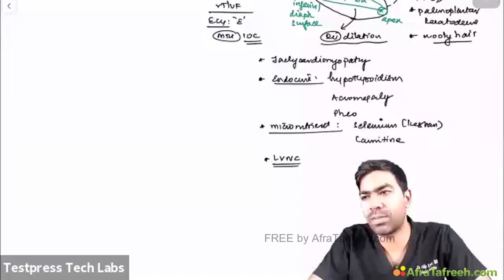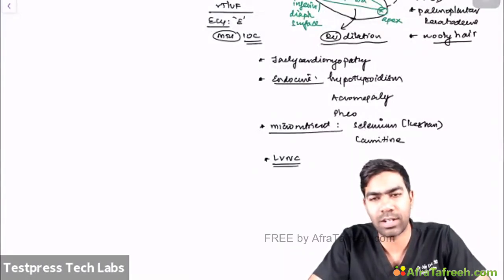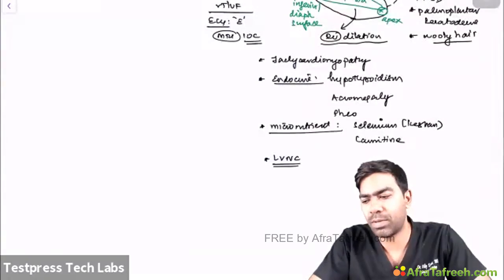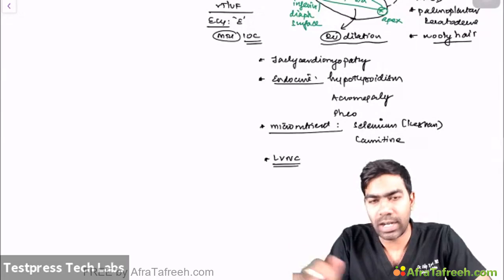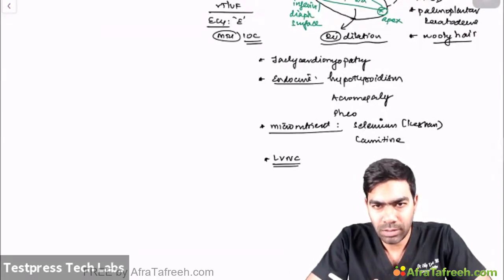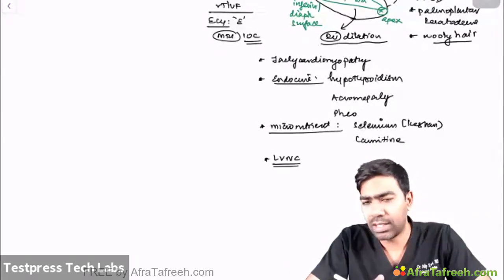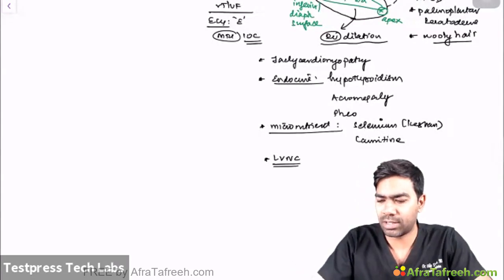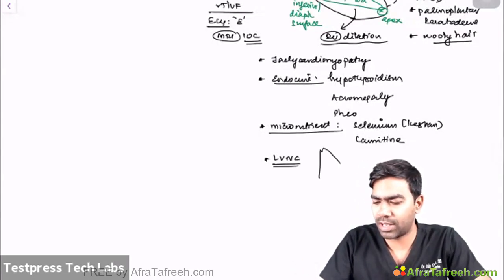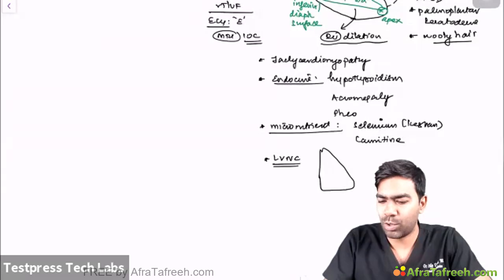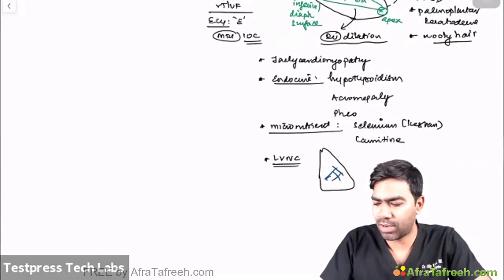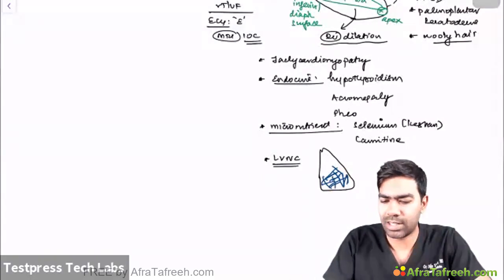Vitamin B1 deficiency will produce beriberi, which will cause tachycardia, and tachycardia will produce myopathy. Okay, fine, understood. So B1, I won't tell it as a separate cause, but this is very important. And LV non-compaction: what happens in the left ventricle in this scenario is there will be too many trabeculations. Usually they have trabeculations, but there will be too many in the left ventricle.